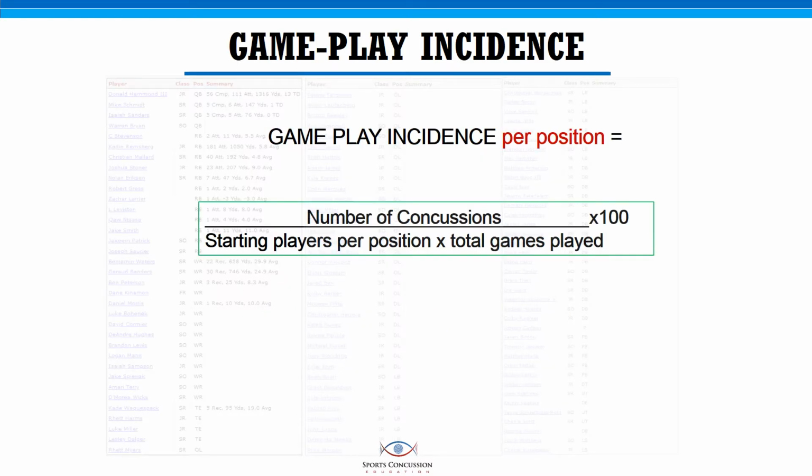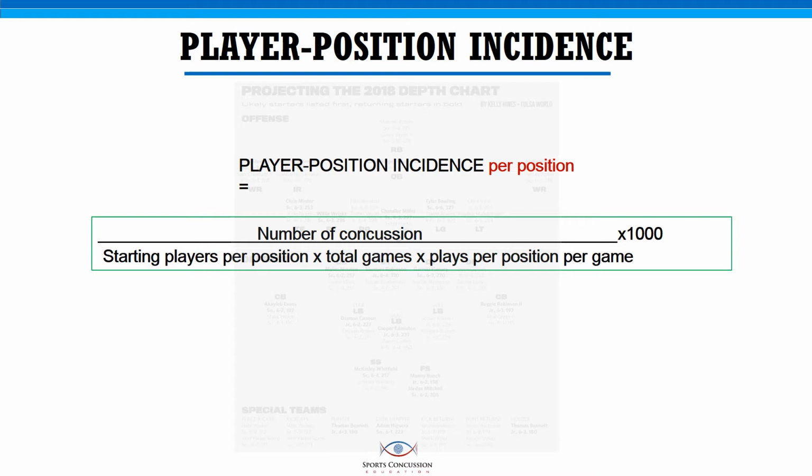These limitations were well known, and shortly thereafter the game position incidence metric was introduced, which calculates the number of each position during any given play, such as 1 QB, 5 offensive linemen, 1 running back. There is some wiggle room that requires averaging depending on what offense or defense the team runs, but this was an improvement from athlete exposures because it better represented the players on the field. Play position incidence went one step further and included plays per position.